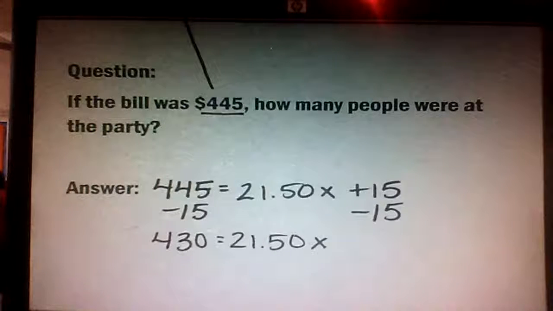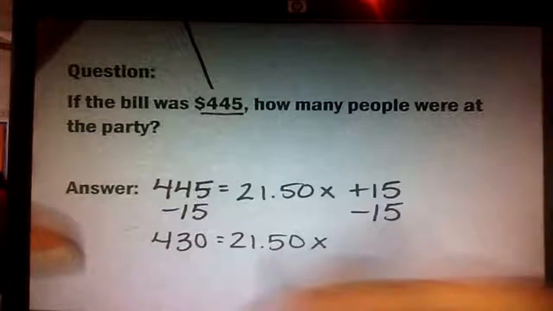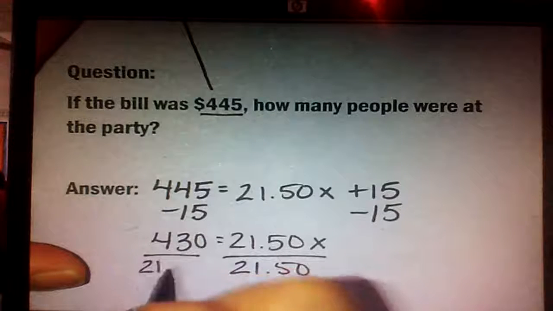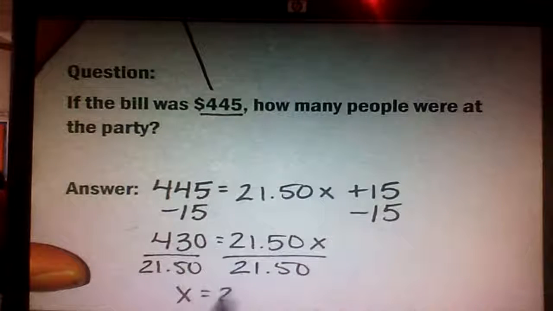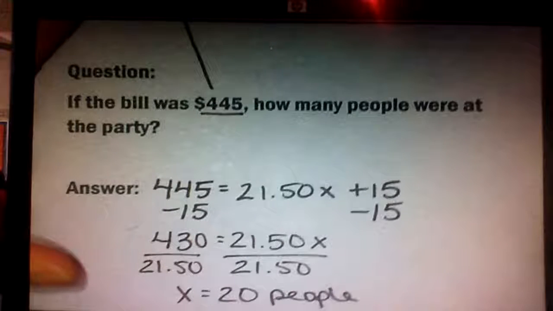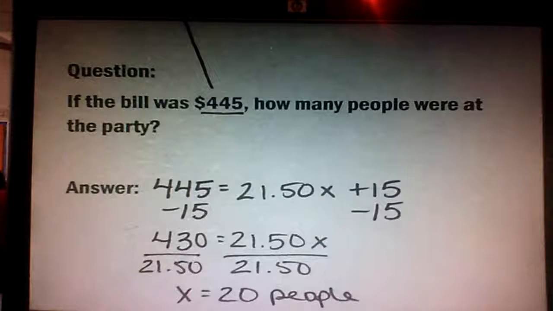Now what do I need to do? Divide by 21.50. Since you don't have calculators, I will do this. 430 divided by 21.50 is 20. So x equals 20. So for 20 people that you invite to your party, you would pay $445.